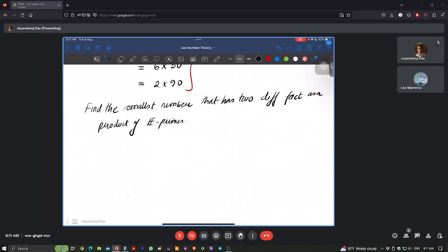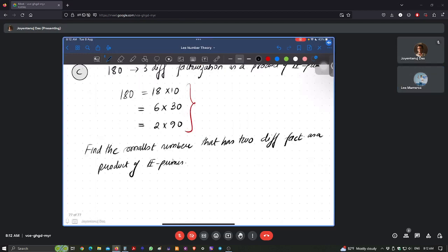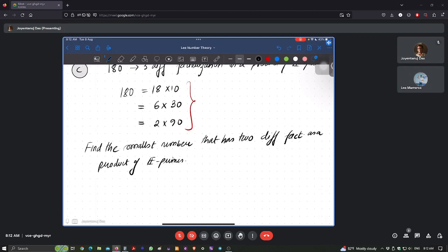The smallest number, like below 180. Yes, I think it will be below 180 because 180 has 3 factorizations, and they are asking for 2 factorizations. Okay, how would you do that?